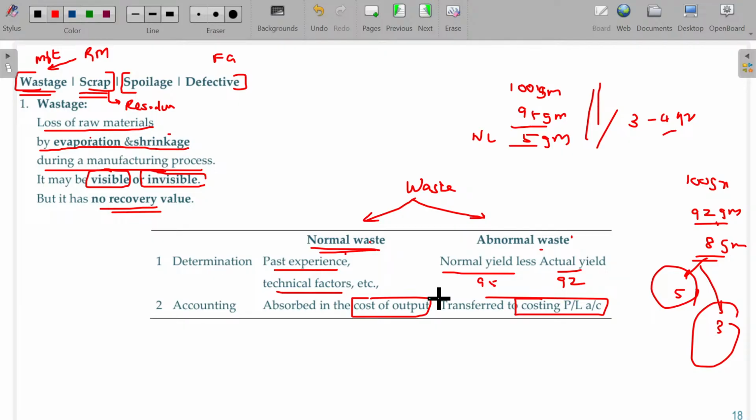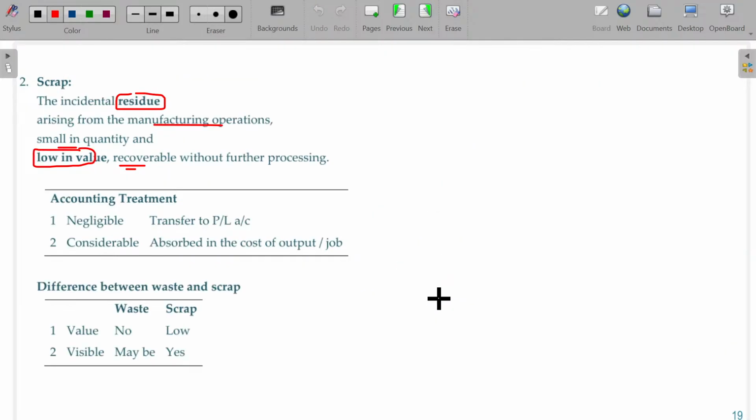Now, in case of scrap, the value may be negligible or considerable. What will you do? If the sale value of scrap is considerable, a good amount, it can be adjusted in the cost of production.